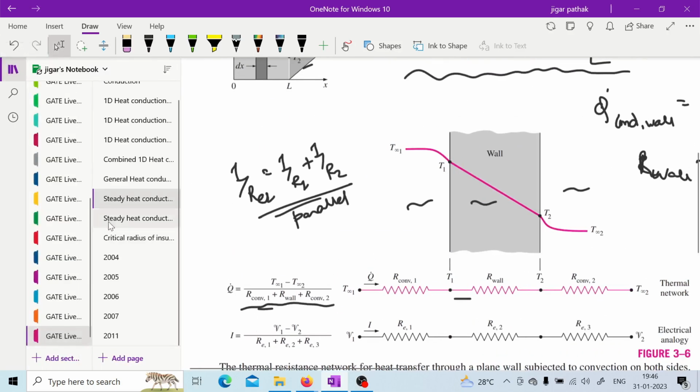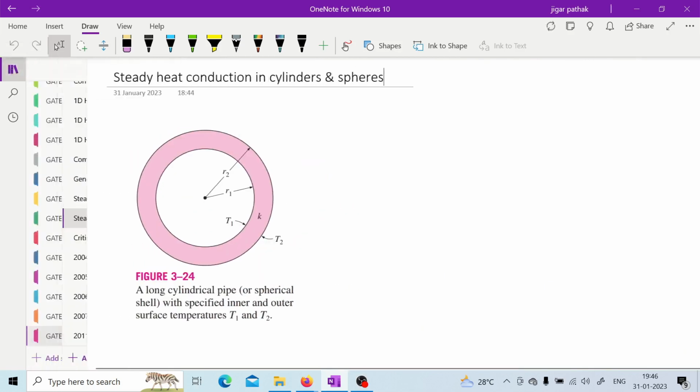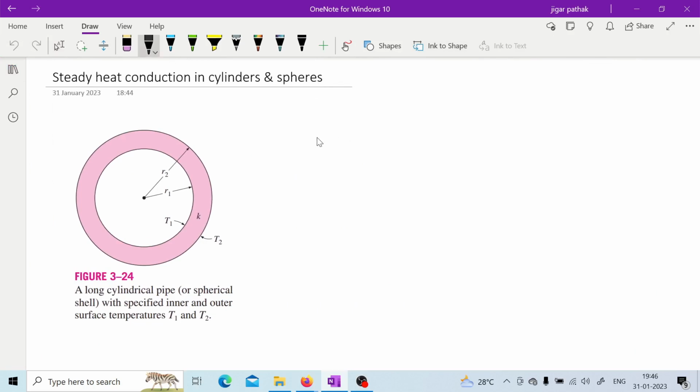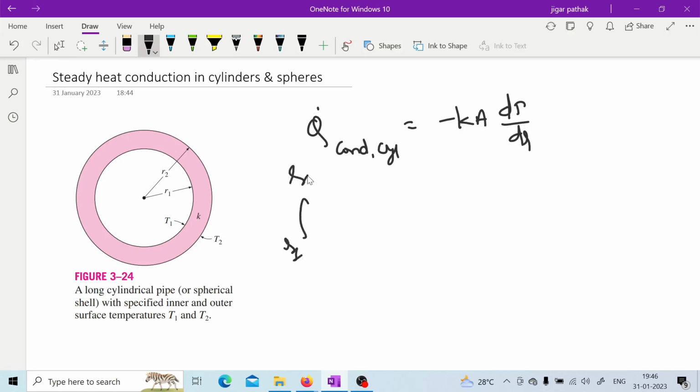This is how you can add these resistances. Now if you go for steady state conduction in cylinders and spheres, for a cylinder Q conduction is nothing but minus KA dT by dr. If you integrate it over R1 to R2, Q conduction for cylinder times dr over A will be equal to the integral of K dT from T1 to T2.